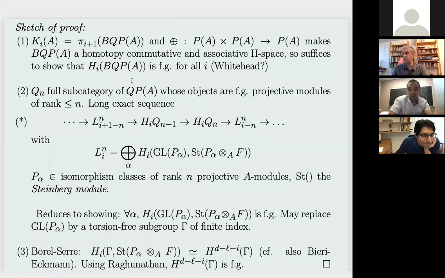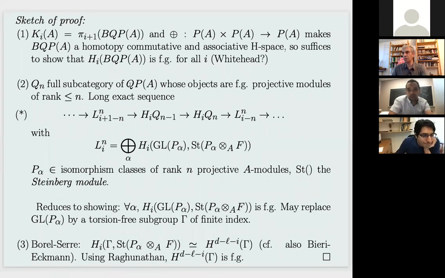Then the second step is to filter this category QP of A by rank. So you call Qn the full subcategory of finitely generated projective modules of rank at most n. And then he constructs long exact sequences. So you can map the homology of Qn minus 1 to the homology of Qn. As usual, homology of a category means homology of its classifying space.